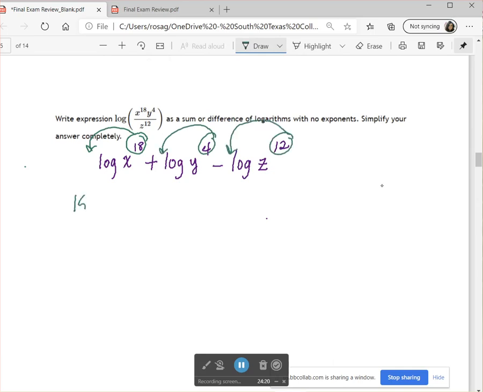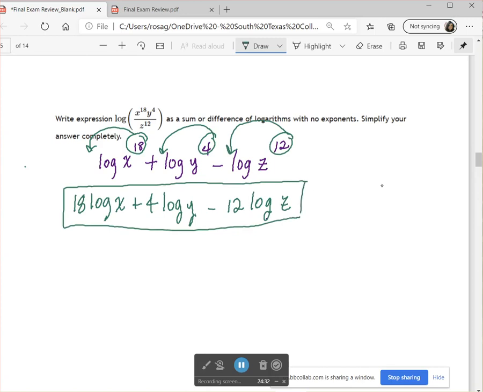So my final answer looks like this. Like that. Questions on that one?